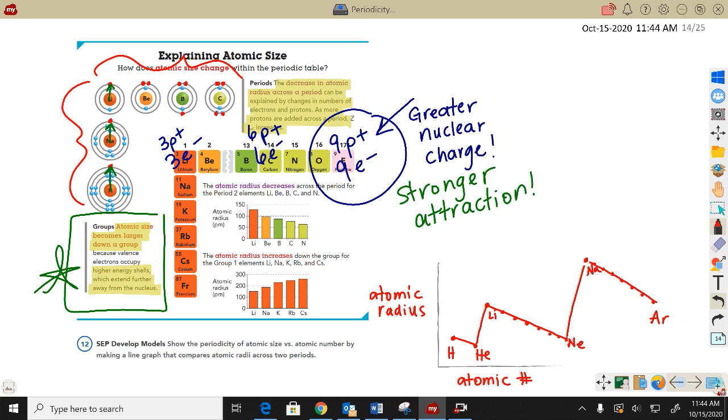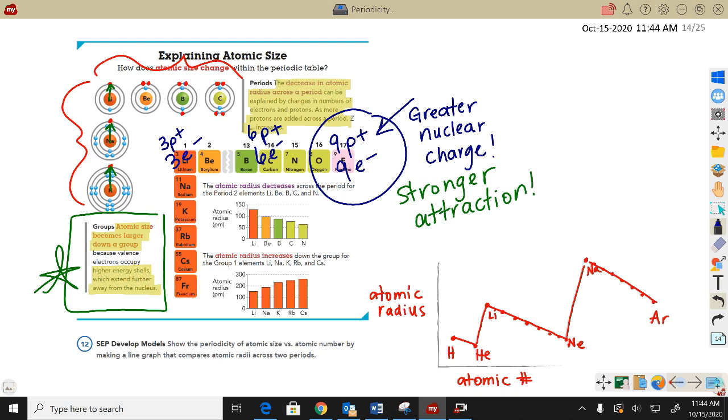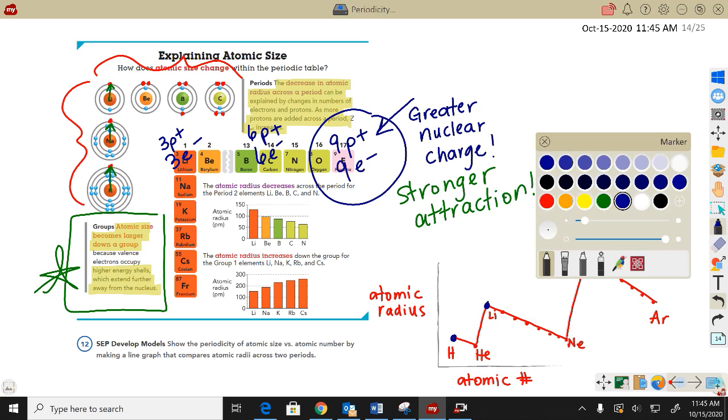So here are the 2 things that I want us to be aware of on a graph. If I go down a group, so here's my hydrogen, my lithium, my sodium, going down a group, the radius increases. But as I go across, the radius should decrease.